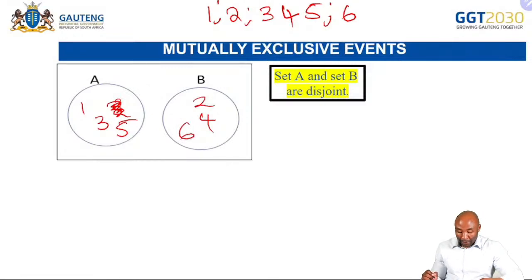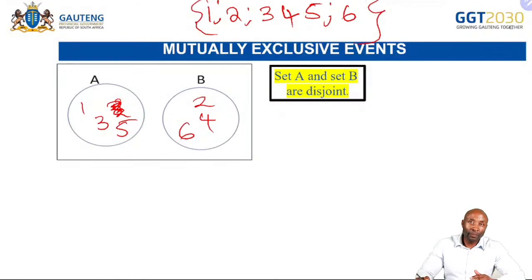So you are able to see that there is no number which can be even and odd at the same time. Hence, if you have a set of numbers from 1 up to 6, the events of picking an odd number and picking an even number are mutually exclusive events because they cannot occur at the same time.